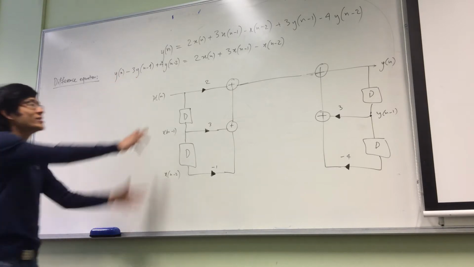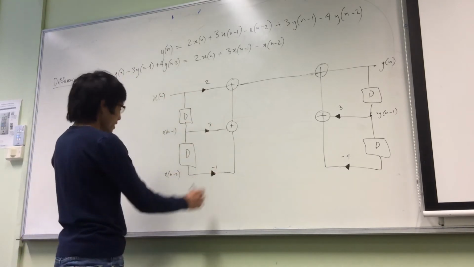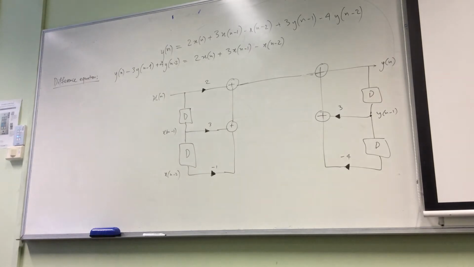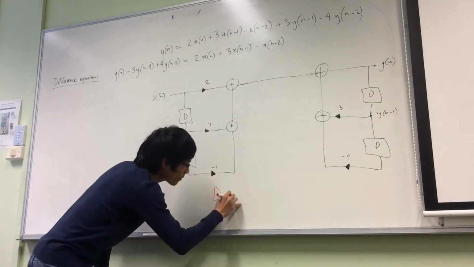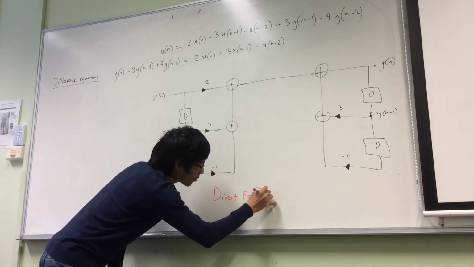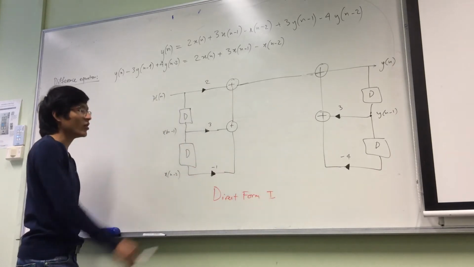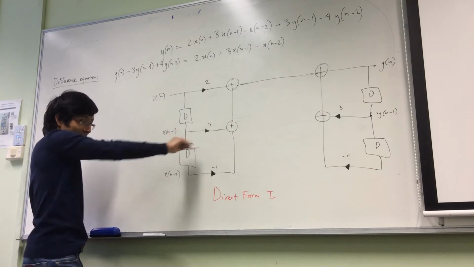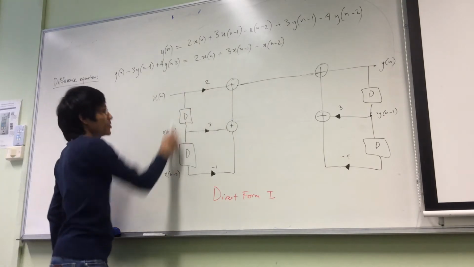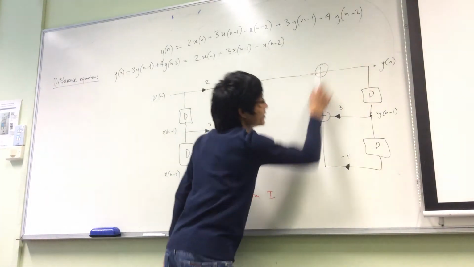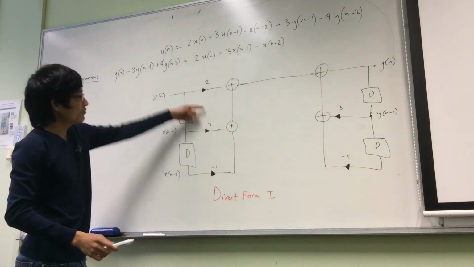Either way. And this drawing is called direct form 1 realization. Form 1 means feed forward on this side, feedback on this side. So imagine this one is feed forward, this one is feedback. So all the constants are there.